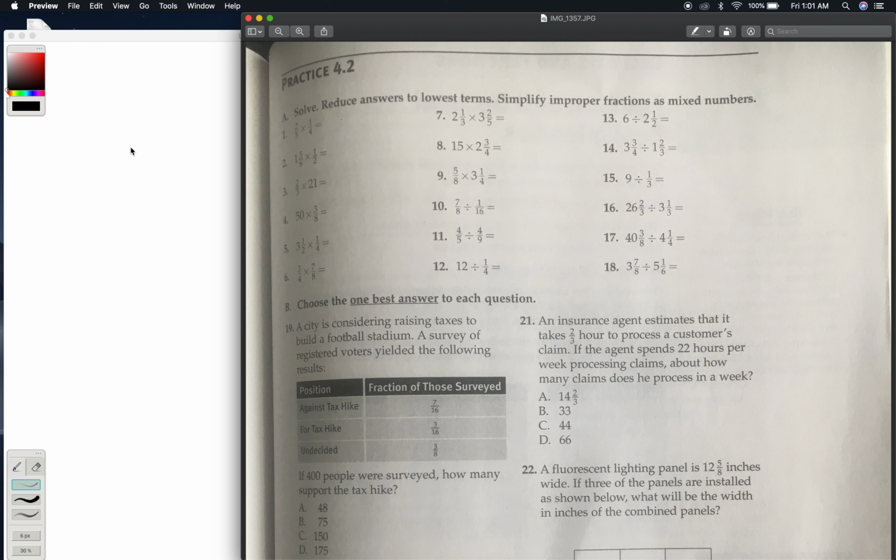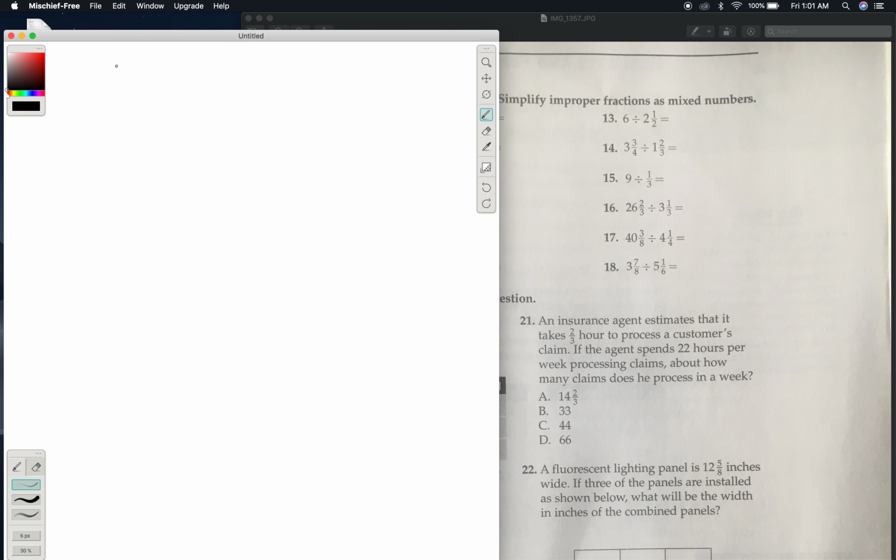So 2 over 3 times 1 over 4. Unlike addition and subtraction, the denominators do not need to be the same in multiplication and division.